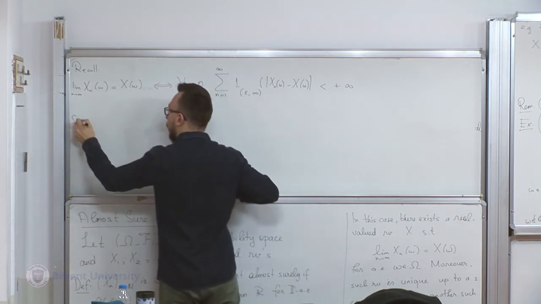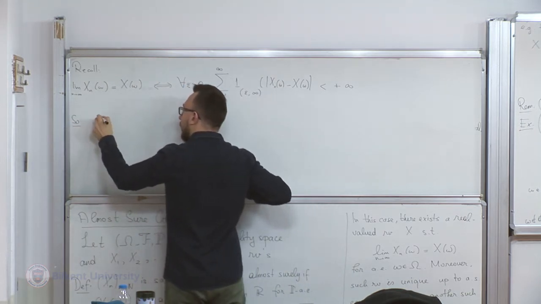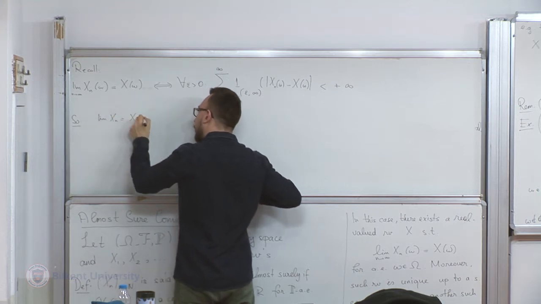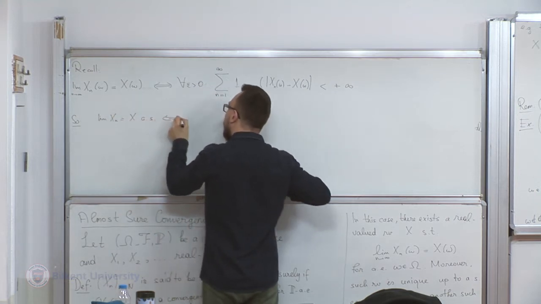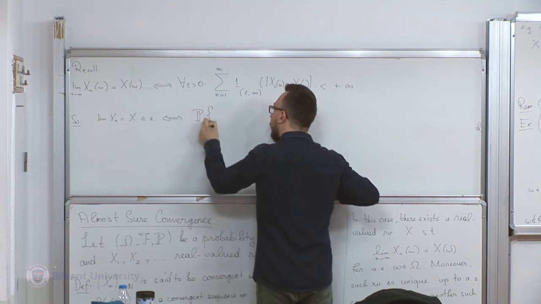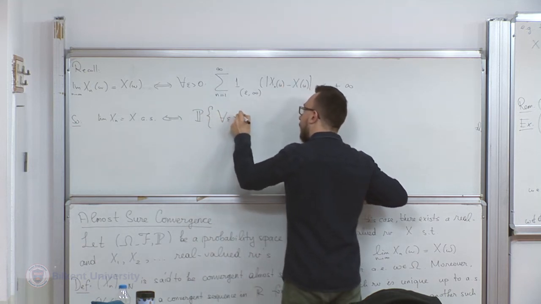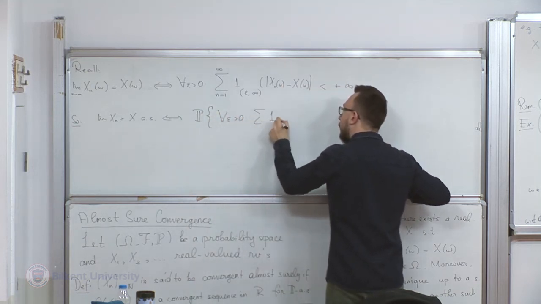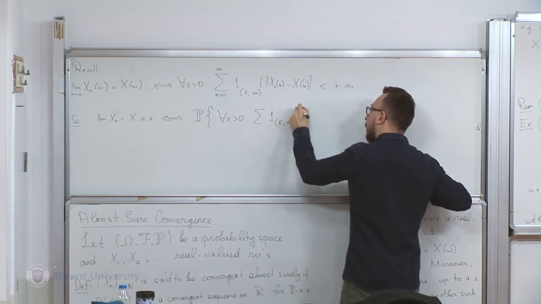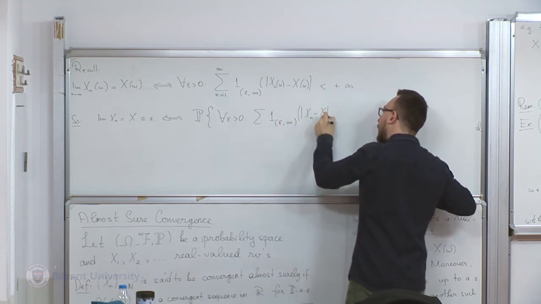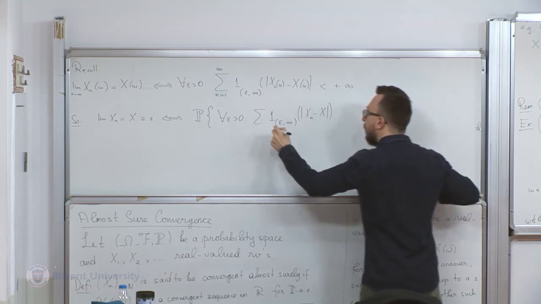So if we have that limit X_n is X almost surely, this means this is happening with probability 1. Now I drop the omegas because I'm writing an event.